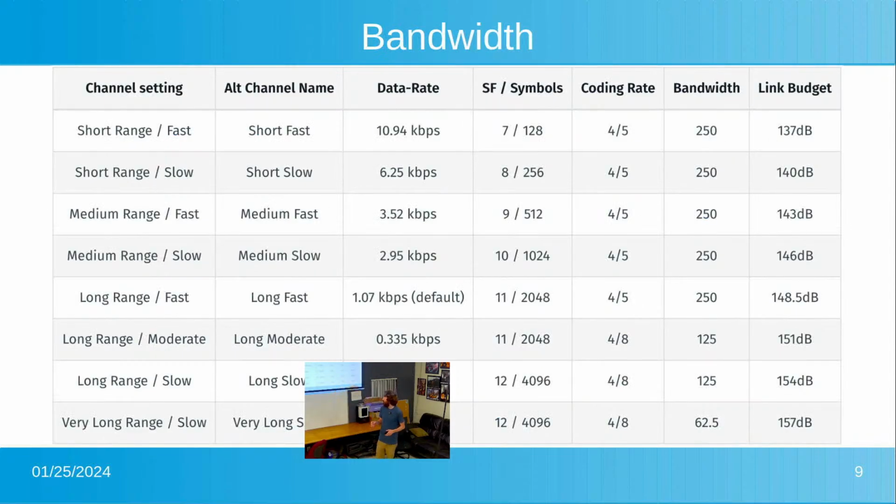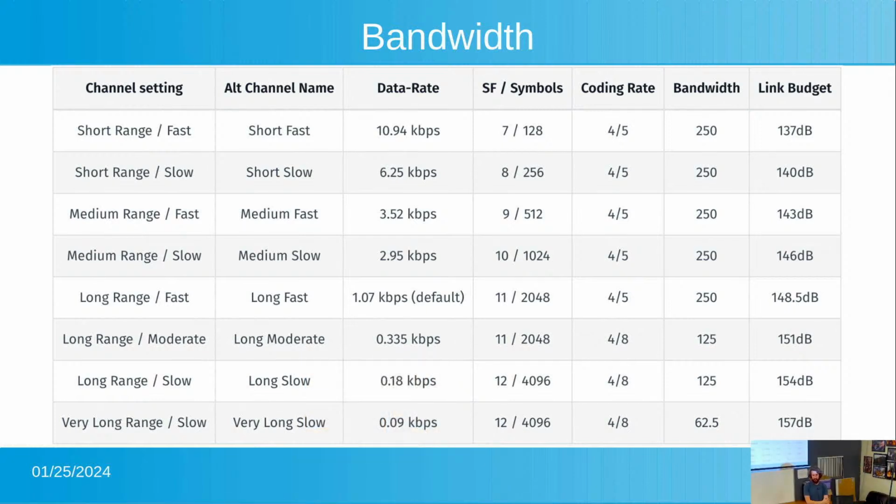The Meshtastic firmware and LoRa are obviously a bit bandwidth constrained in order to cover these long distances and be reliable. So in Meshtastic, you have a number of different network types, and you can have multiple meshes of different types depending on use case.